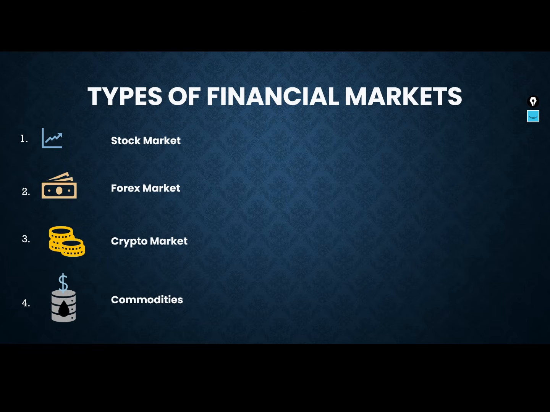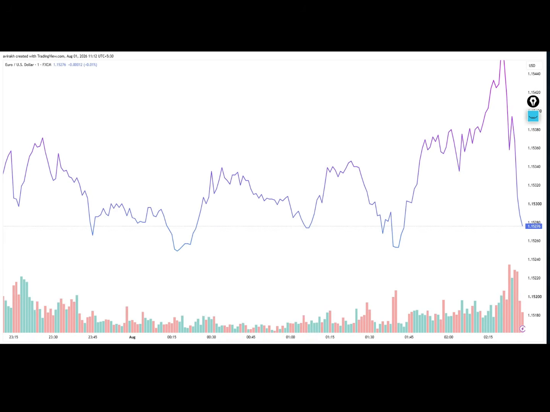Now, what is a candlestick? Before we learn about candlesticks, let's first understand the line chart. A line chart is the simplest type of price chart. It connects only the closing price of an asset using a line. You can see only closing prices.